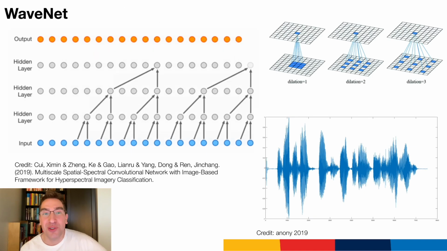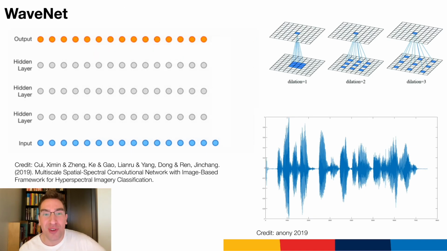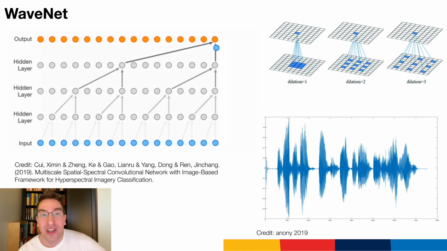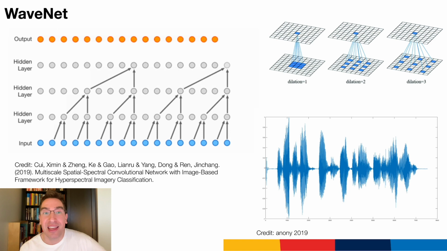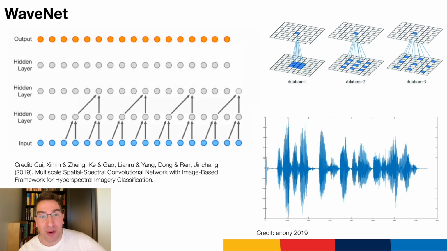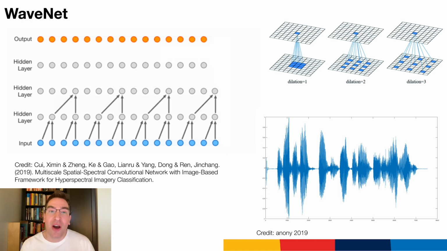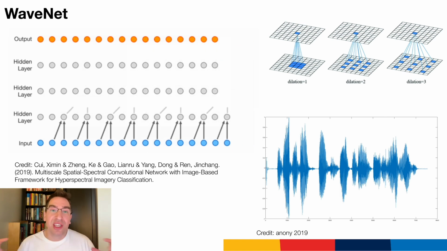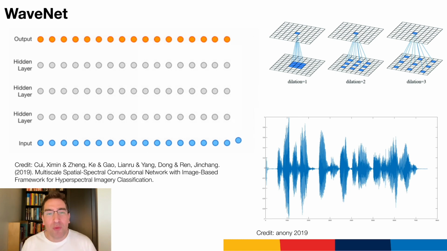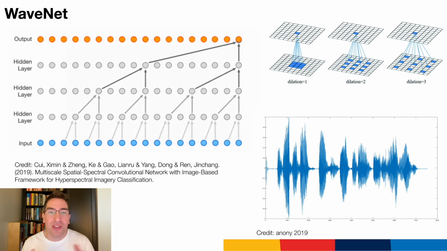Next, we come to the WaveNet, and this is a modification of a convolutional layer where specifically the dilation parameter is increased as the depth of the network is increased as well. This was originally developed for audio signals, and it allows features at different scales to be encoded and understood. If we think of an audio signal, there are different scales involved.